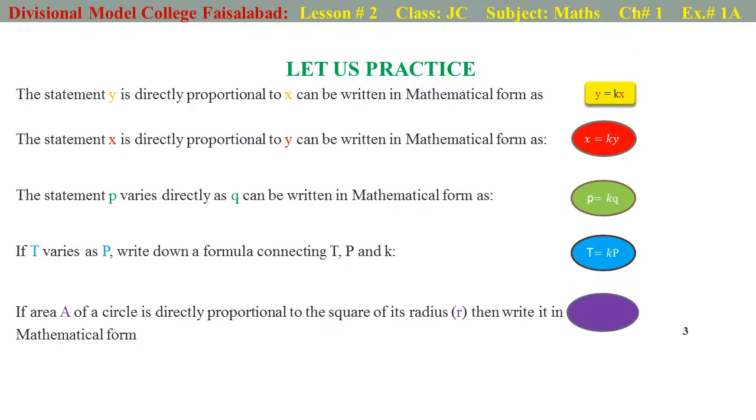And in the last case, when the area of a circle is directly proportional to the square of its radius, its mathematical form is A is equal to kr square. So this is the way we can write a statement in mathematical form.